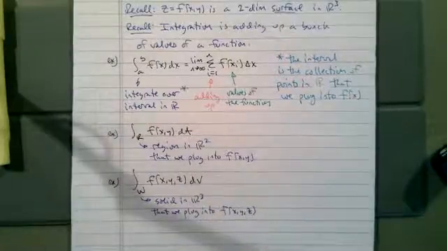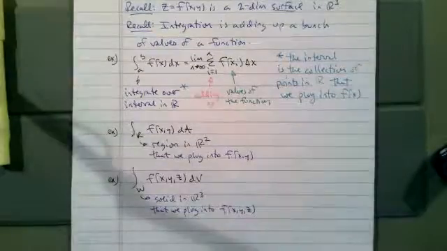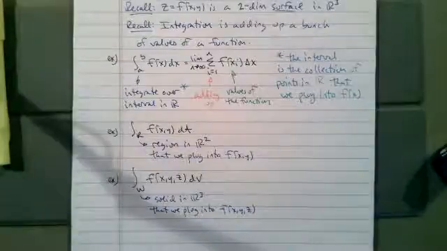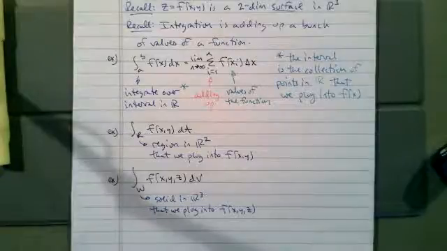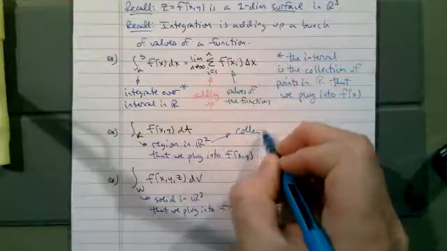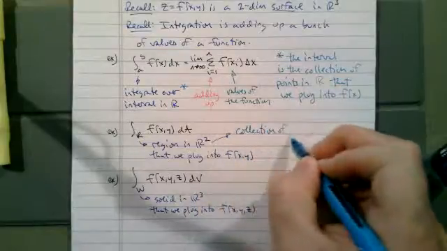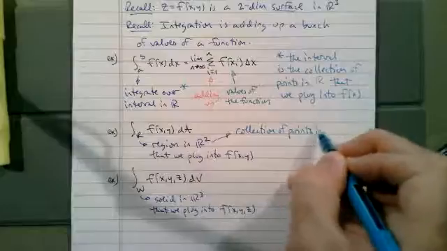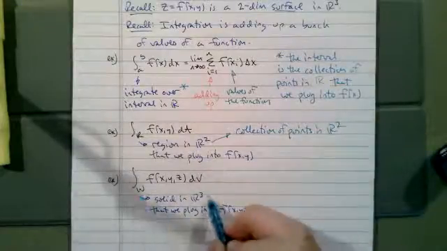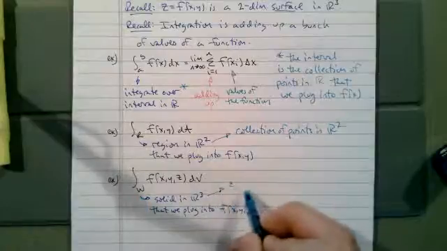It's just a collection of points in R3 that we plug into the function so that we can add things up. The region in R2 is a collection of points in R2 we plug into the function. The solid in R3, W, is just a collection of points in R3.